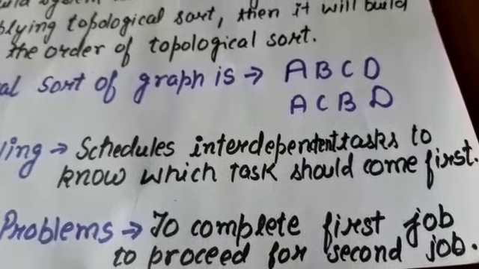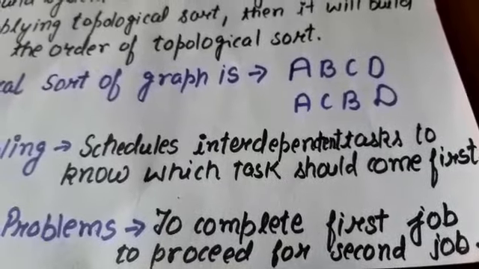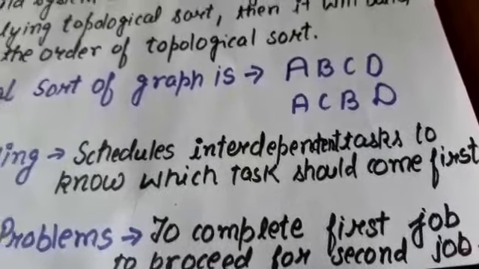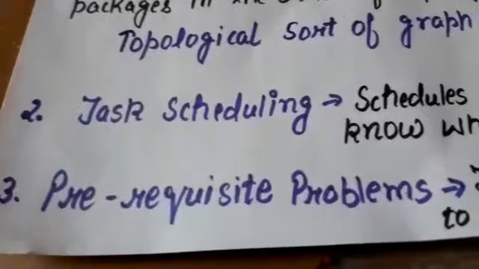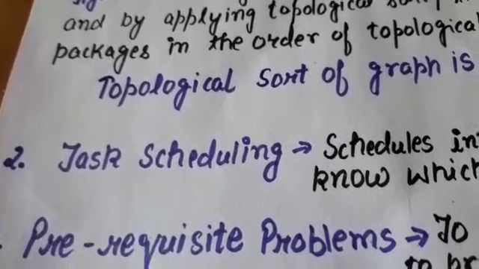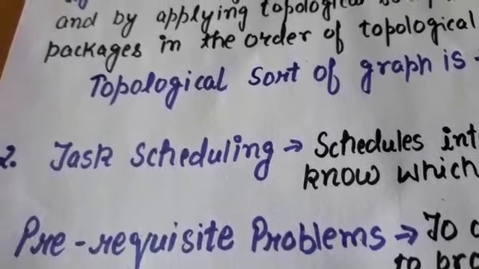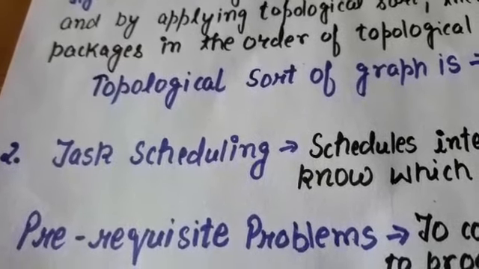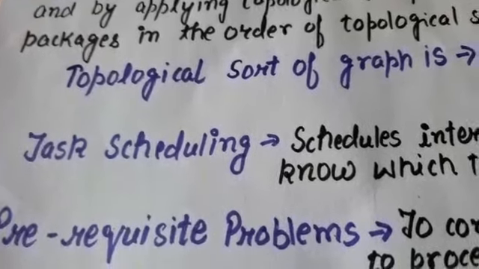And we know that if I want to study a subject, I should know the data structures subject, means that is the prerequisite for DAA. Means data structures is the prerequisite for DAA. If I want to study DAA, I should know the concepts of data structures, right?